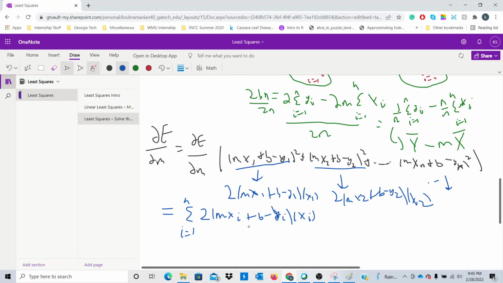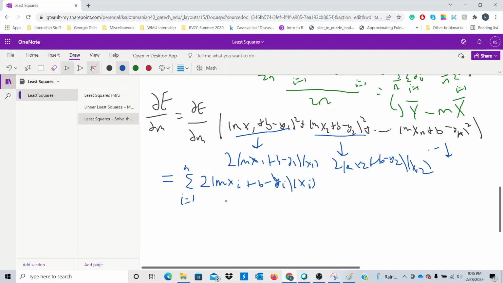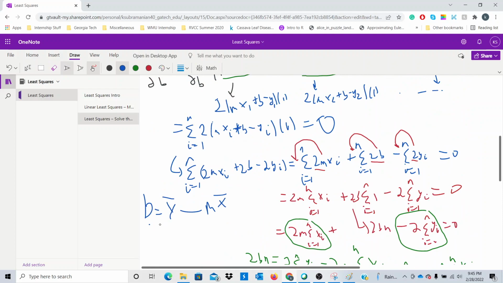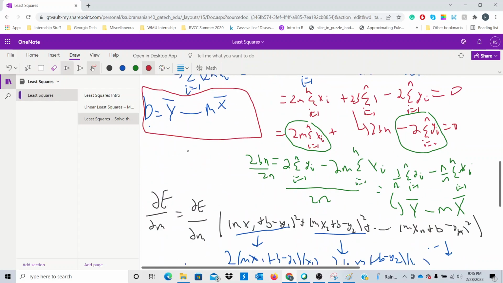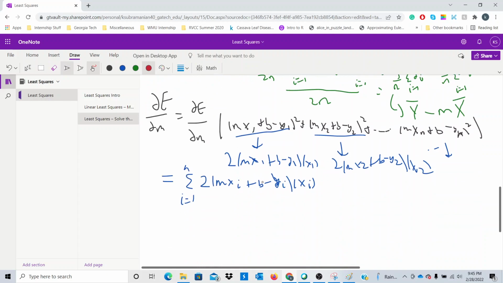Okay, so now we have the partial derivative of the error function with respect to m, but we still have to do something. We've already solved for b. Let me box the solution here in red. So we have solved for b right here. What we're going to do is substitute the value of b, which is y bar minus m x bar, right in here.